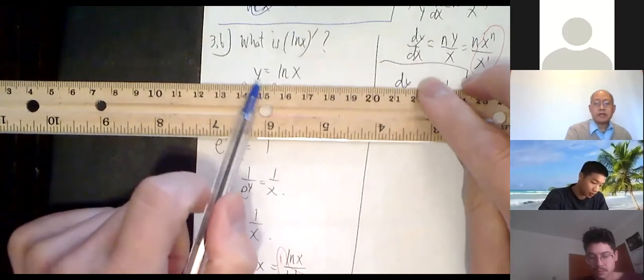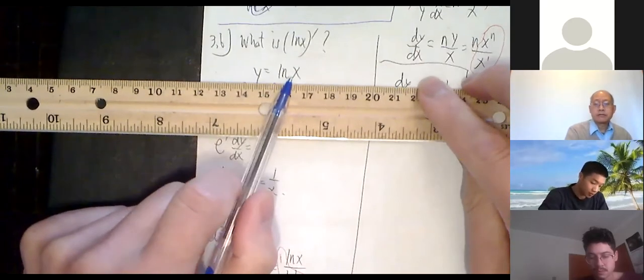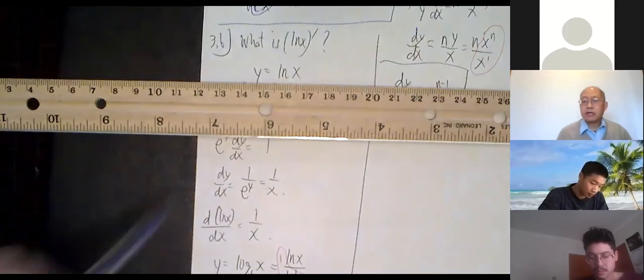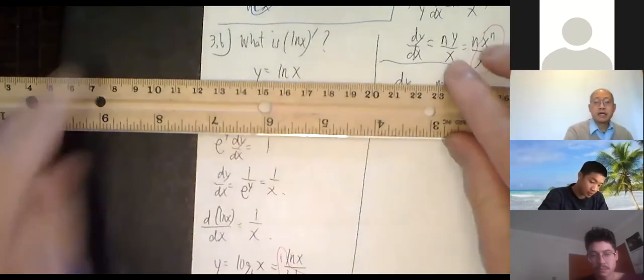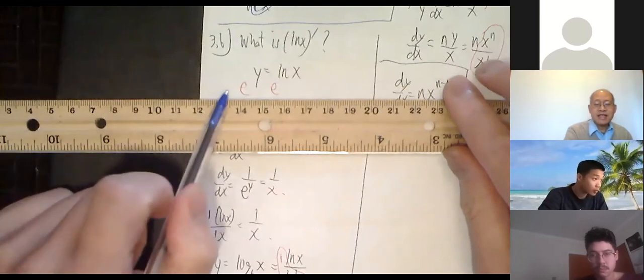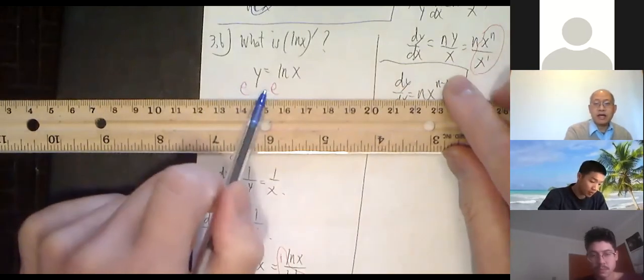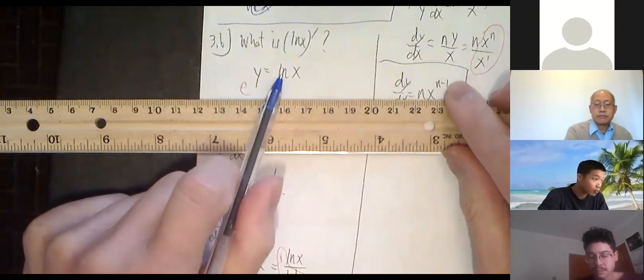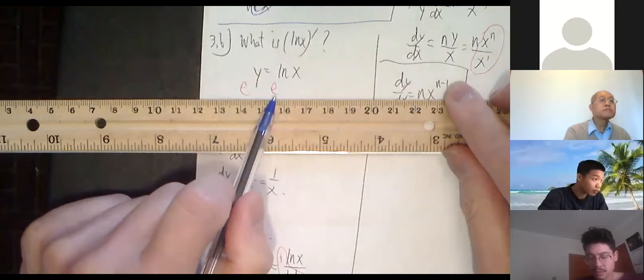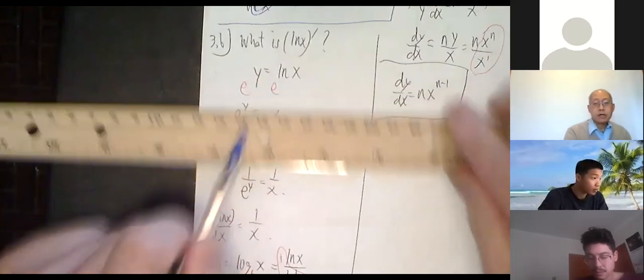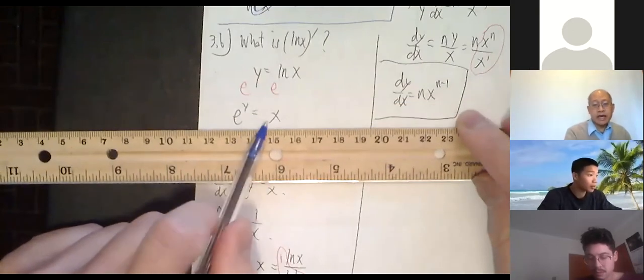So I'm going to start off by saying y equals ln x. Since I already know how to differentiate the exponential, I'm going to exponentiate both sides. That means put an e like this, e to the y, e to the ln x. Okay. What does that make the right-hand side? x. So I have e to the y equals x.